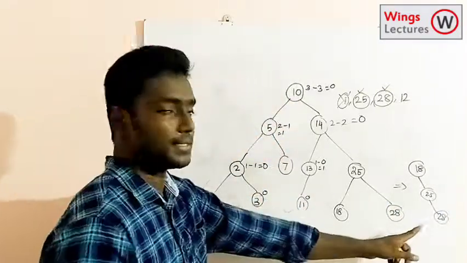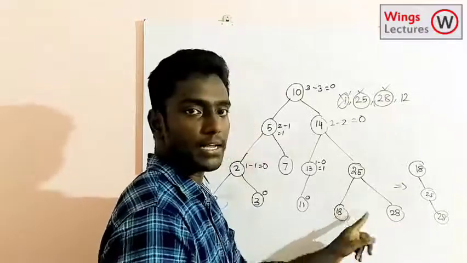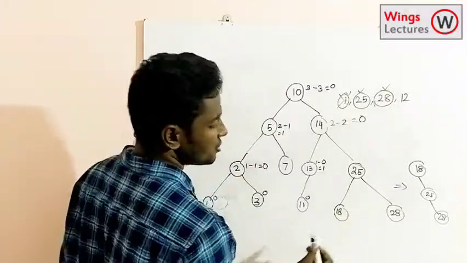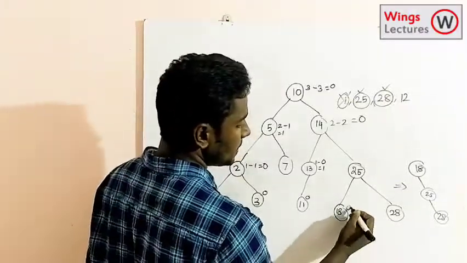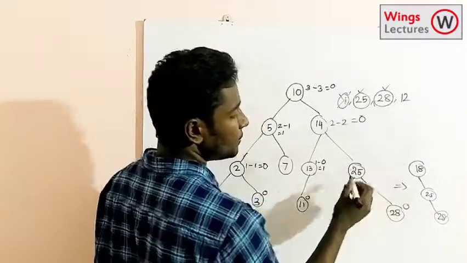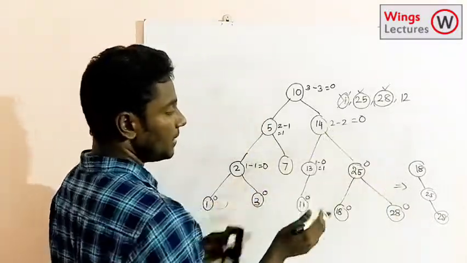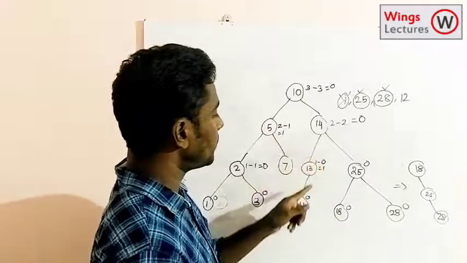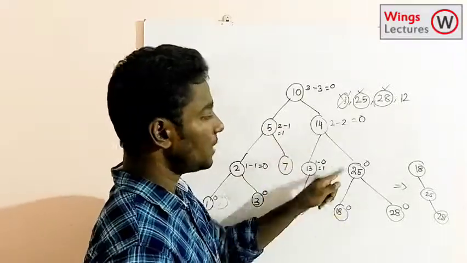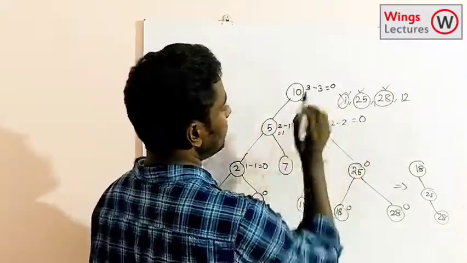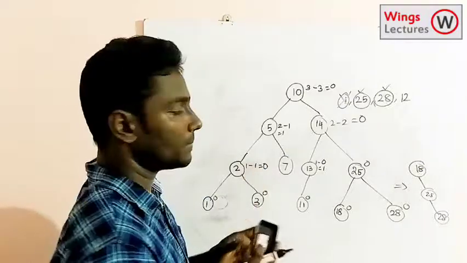It was like this, right? So after rotation, it becomes this structure. Now check the balance factor: 0, 0, and for 25, 0, and for 14, 2 minus 2, 0. And for 10 also it's quite similar.